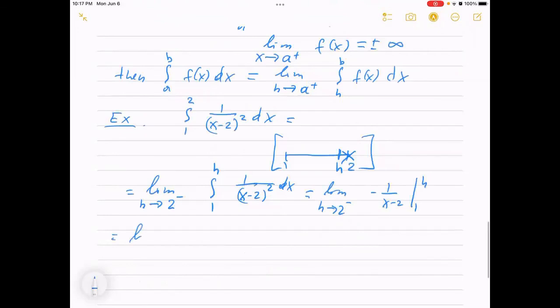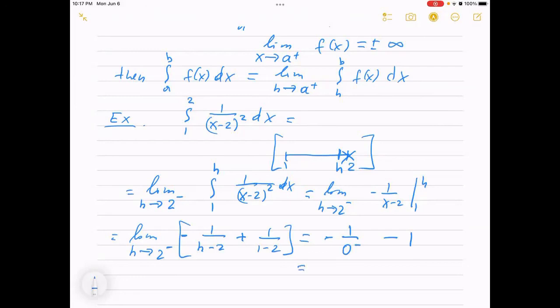So we get the limit as h approaches 2 from the left of negative 1 over (h minus 2), minus, substituting the lower bound, negative 1 over (1 minus 2), which is negative 1 over negative 1. As h approaches 2 from the left, h minus 2 goes to 0, but it's 0 negative.